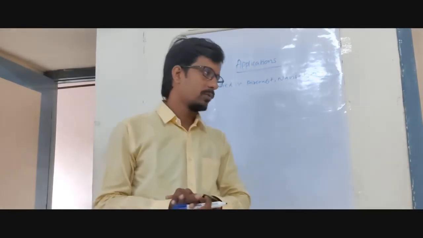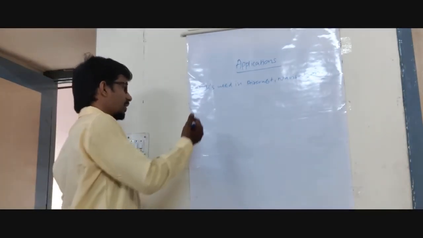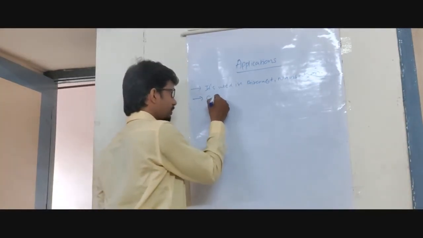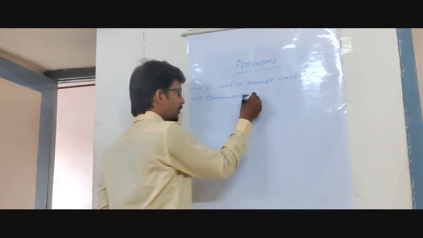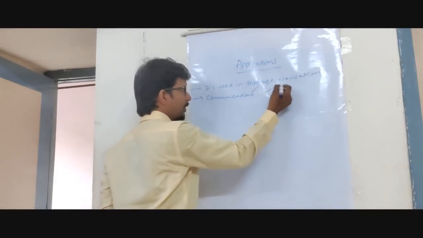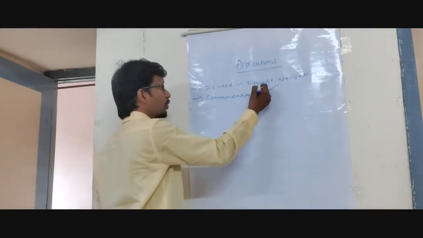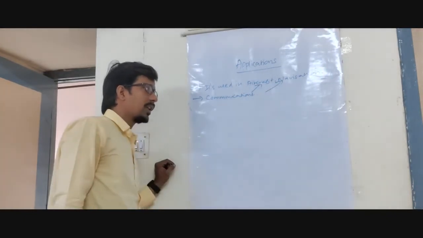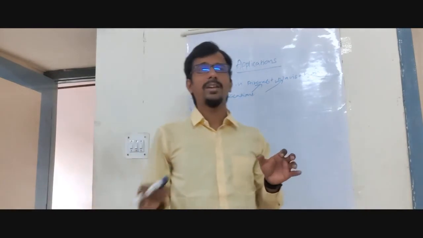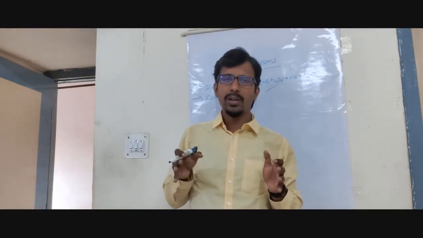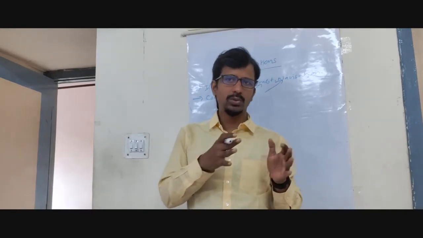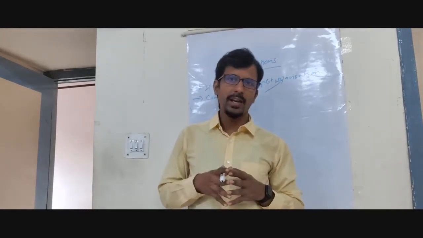So the basic use of skin depth and attenuation is communication; aircraft and navigation are the main two. Why do we use it for aircraft and navigation? Because we don't have any direction. If you travel from one place to another, on roads we can identify where to go left or right.